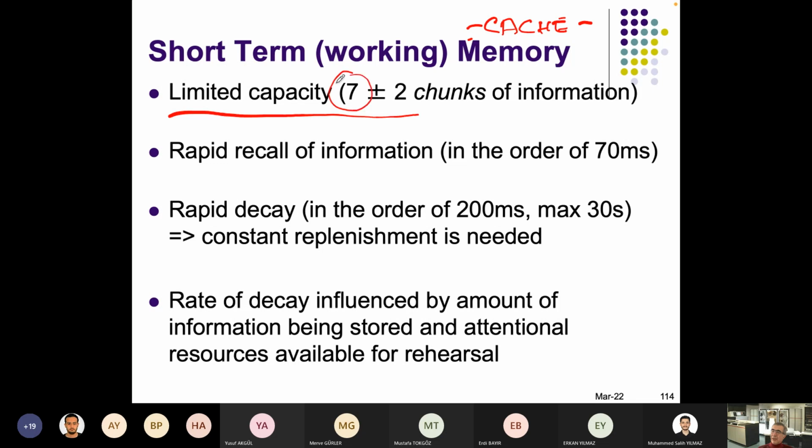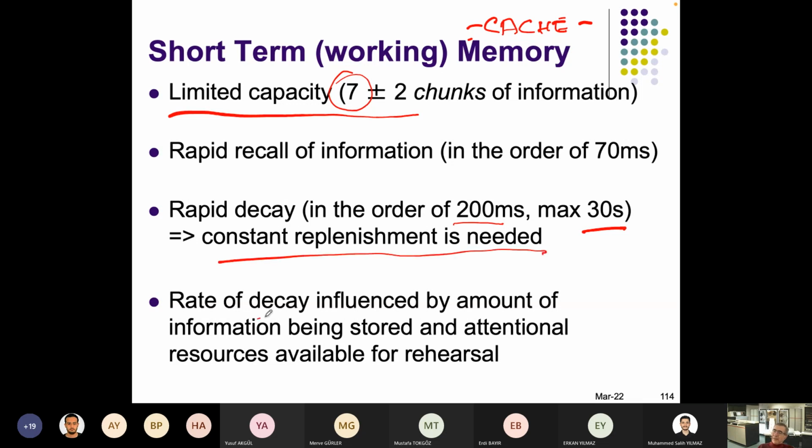It's like 7 is the magic number. 7 pieces of information, rapid recall of information, rapid decay, you forget very quickly, in about half a minute. In order to prevent that, you need to repeat.